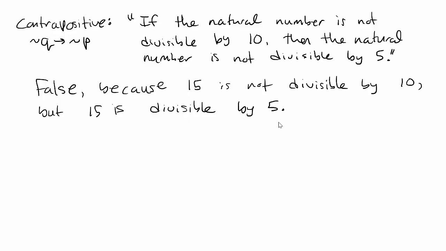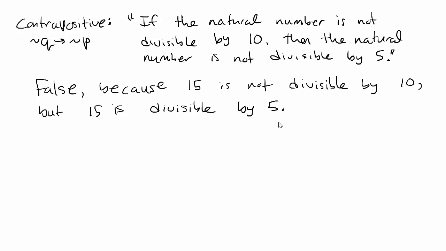So here we're showing that the hypothesis is true, 15 is not divisible by 10, and then we're showing that the conclusion is false, 15 is divisible by 5. So our conditional statement, even if it's a contrapositive but still conditional, would be false because you have a true hypothesis and a false conclusion.